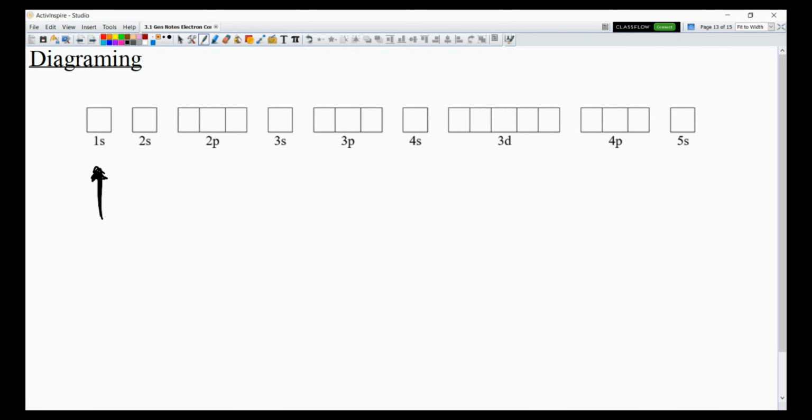Say for example we're going to do sodium again, which is number 11. So we would go 1, 2, 3, 4, and then when you get to p, see how these are connected? 5, 6, 7, and then go back and put a second one, 8, 9, 10, just like we did the pigs, and then 11 here.